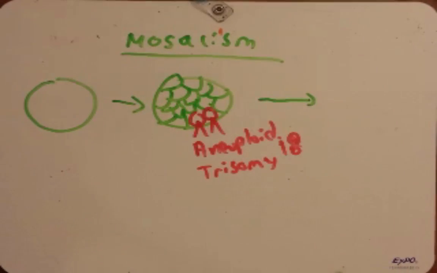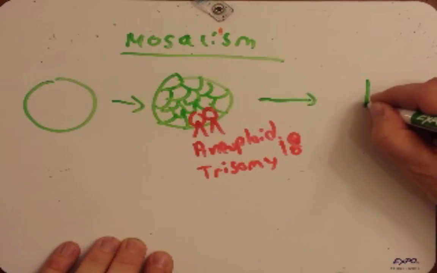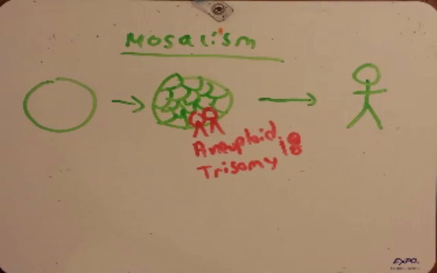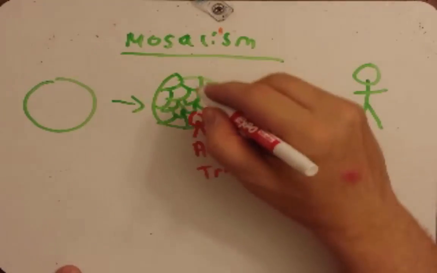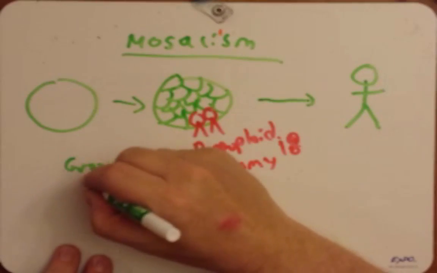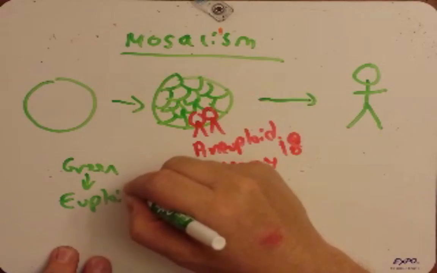As this individual grows, and this is not a great drawing, so I'm just going to stick with my stick figures here. In general, most of their cells are going to be of, say, this green type. And the green here is, why don't we just put it here, these are euploid. They have 2 copies of every chromosome, so they're perfectly healthy.